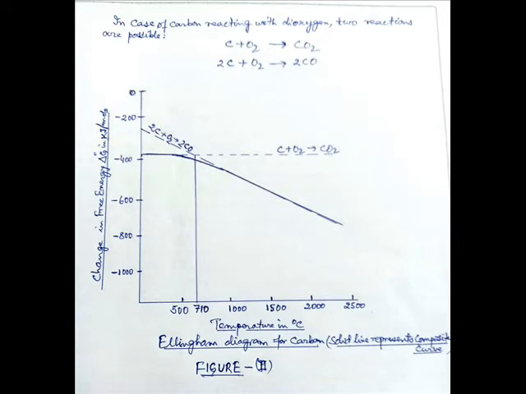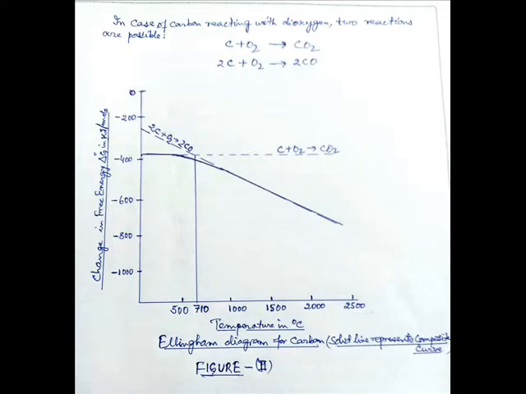So their volumes are the same, and the change of entropy is very small, and del G hardly changes with temperature in this case. The graph of del G against T for the formation of carbon dioxide is a straight line, and in figure 2 it has been shown by a dotted line.